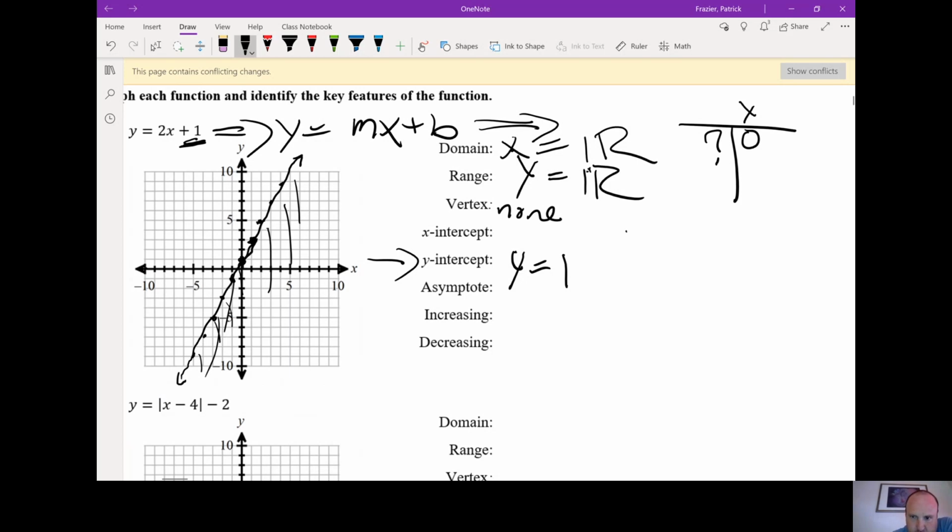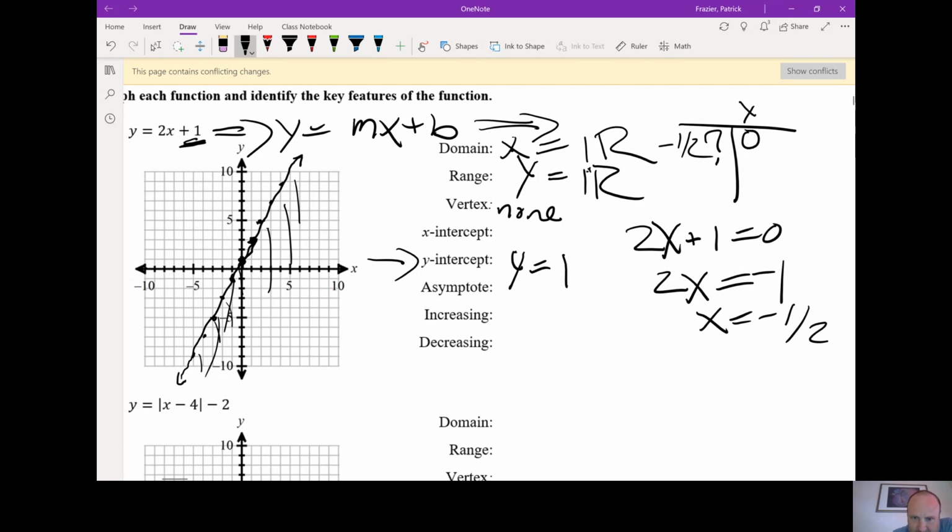So if I have 2x plus 1 equal to 0, instead of equal to y, it's equal to 0, and I subtract 1 on both sides, so I'm going to end up with 2x equals negative 1, and then I divide both sides by 2, that's going to be x equal to negative 1 half. So negative 1 half, x equals negative 1 half.